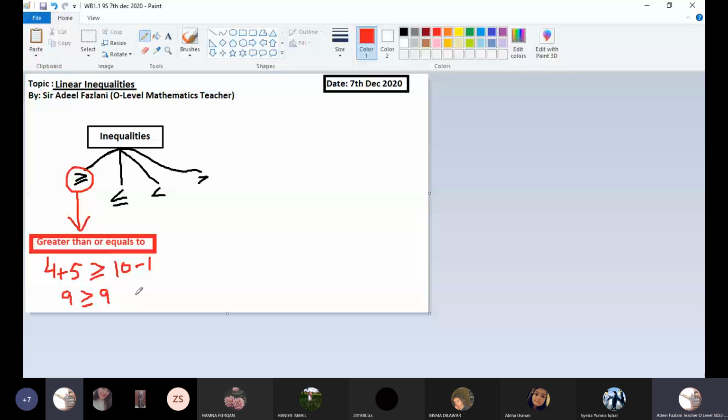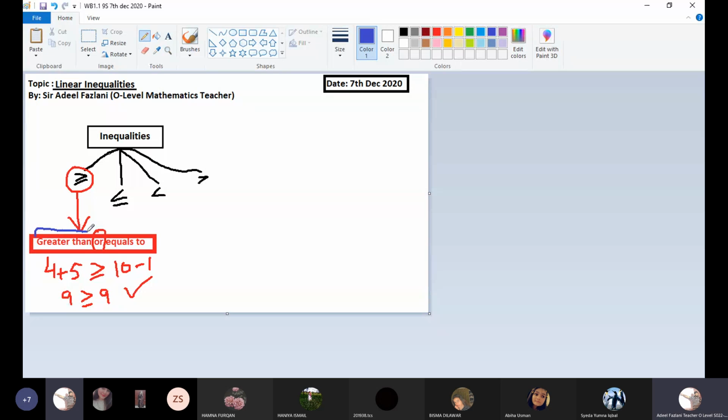Okay, that's correct. Just concentrate on the keyword, which is or. Greater than or equals to means you have two conditions. Greater than is condition number one, and equals to is condition number two. If one of the conditions is true in an inequality, the entire condition is true.